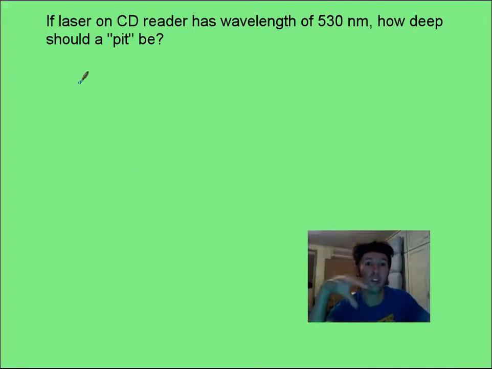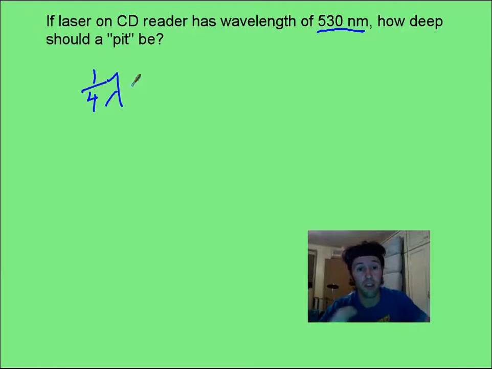So let's say the laser on your CD reading device has a wavelength of 530 nanometers. You should be able to calculate how deep that pit should be to provide that destructive interference that you need. And so the simple equation we had was that 1/4 wavelength will give you that destructive interference after it bounces there, and that equals our pit depth.